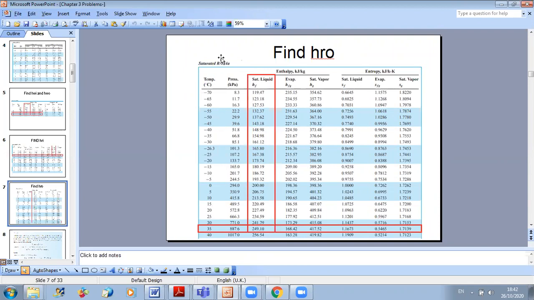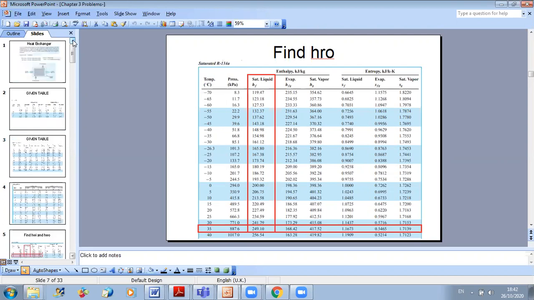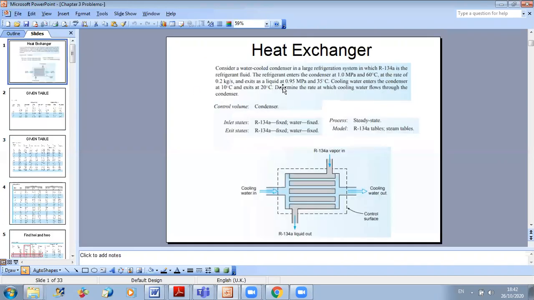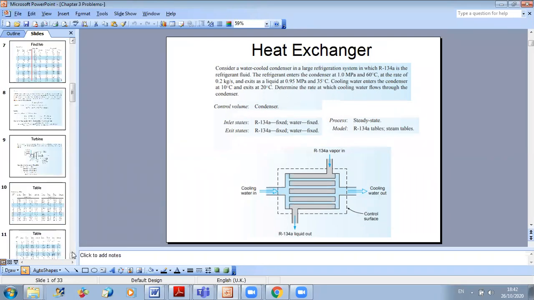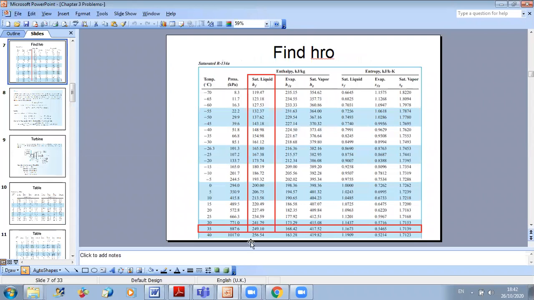Here at the outlet, the pressure is 0.95 megapascal and the temperature is 35. 0.95 megapascal is nearly 950 kilopascal, close to this value, which is nearly 900 kilopascal. So our assumption can be done. We can take the saturated liquid value.